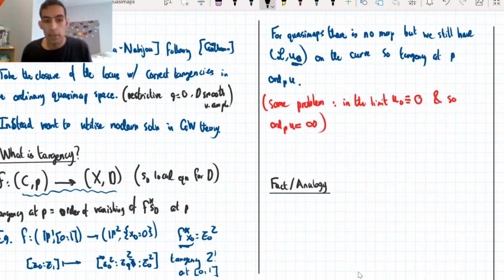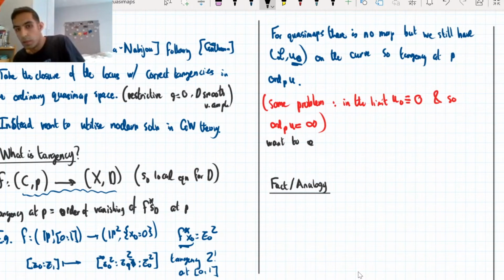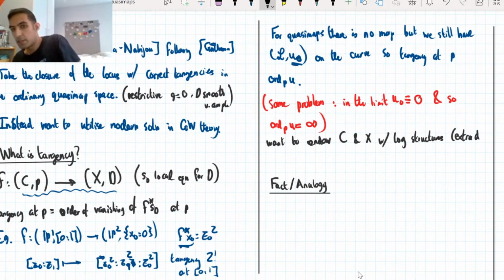So what I'd like to do is use this idea of putting log structures on both the curve and the target to solve this problem. So I want to endow C and X with log structures. This is just some extra data to keep track of this.